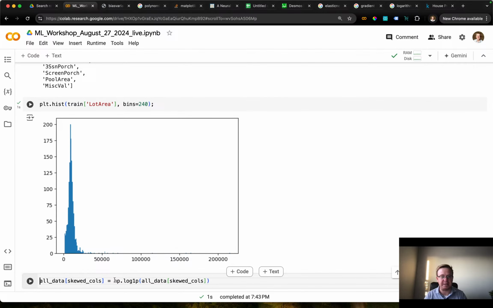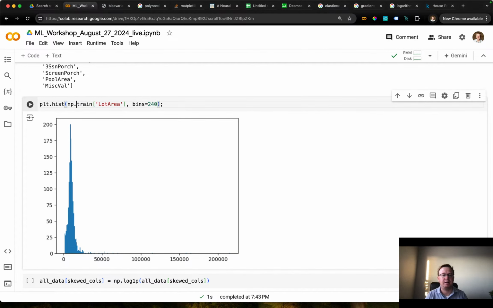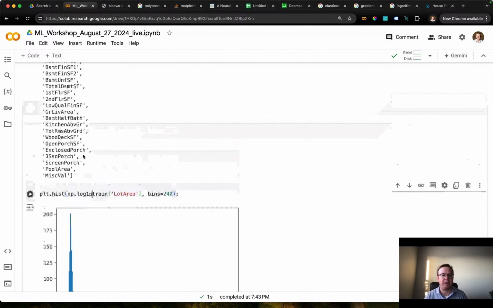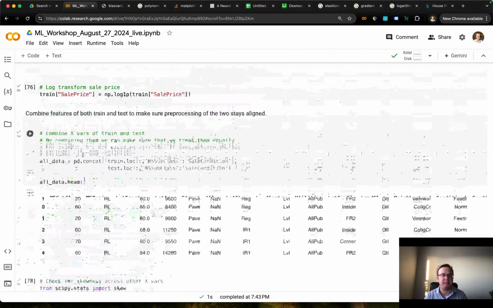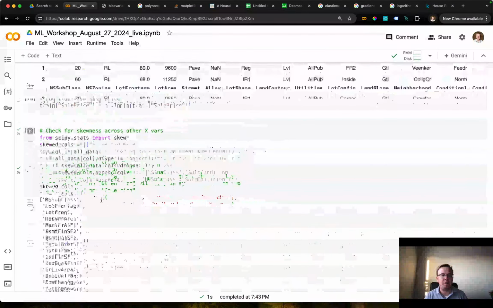These are really small bins, but now you can see the shape a little bit, how it has that long tail off to the right, and it's bounded at 0. So it has that skewness to it. If I, is it log1p? What is the function name? NP, yeah, log1p.